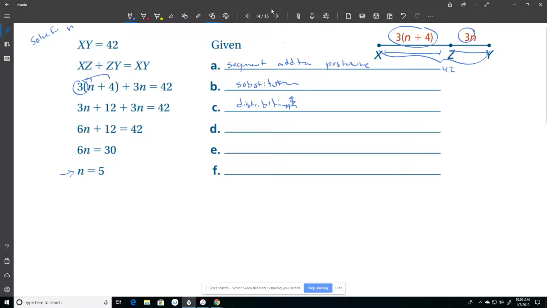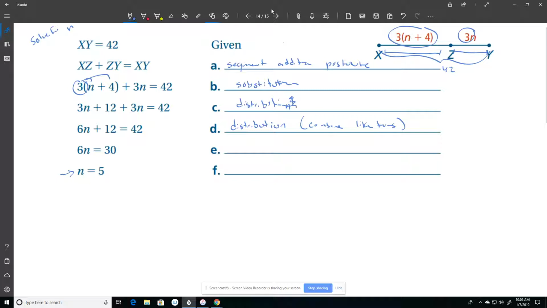To get from there to this step, most of the problems are going to want you to put distribution as the answer. But there's a few of them where one of the options is combining like terms. That doesn't come up very often, but that's what we did. We combined like terms. So that's called distribution, but it's also called combining like terms. All right.